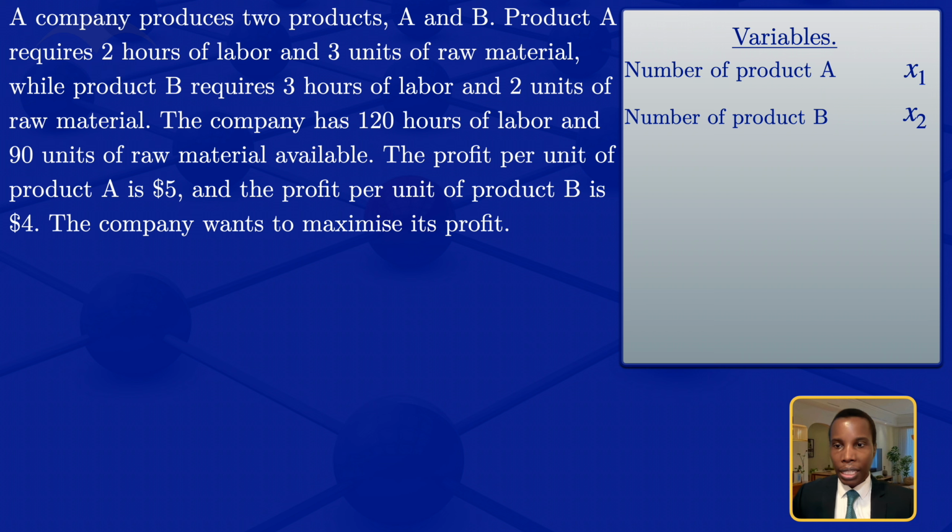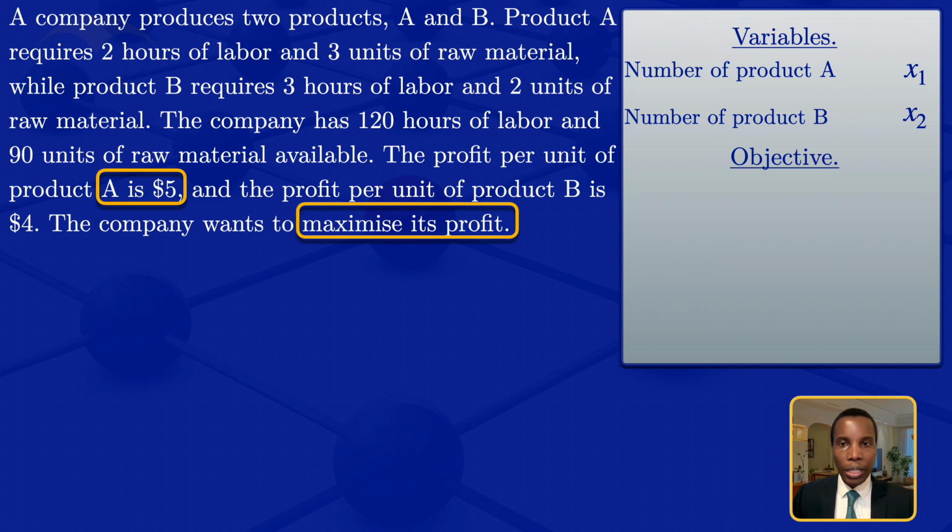Then the next step is to define our objective function. For our objective function, we are looking at this part here. The company wants to maximize its profit. For the profit, product A has a profit of $5. This is the profit for each product A. But we are making x1 product A items, so the profit from product A items will be 5 times x1.